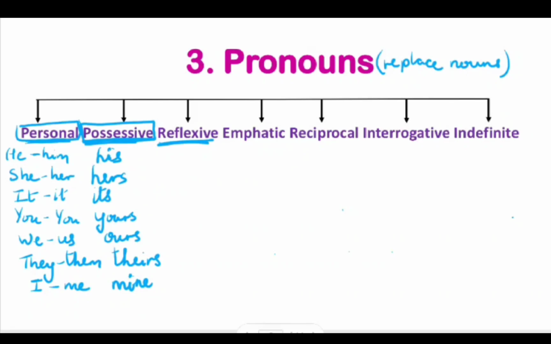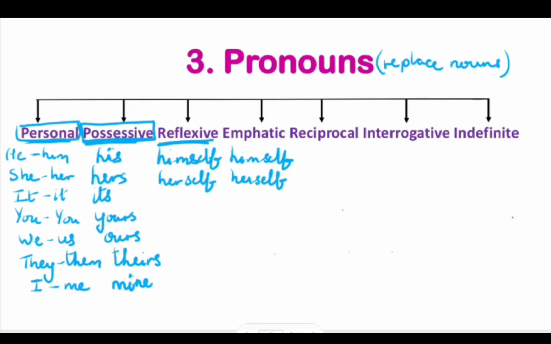The reflexive pronoun and emphatic pronouns are similar. So, let's take "him" as the base. So, it's him-self. For emphatic pronoun also, it's himself, herself, itself, yourself or yourselves, ourselves, themselves, myself.